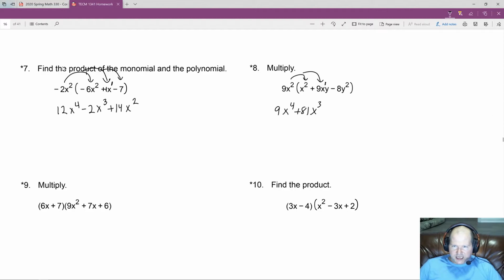And we just keep the y to the first power because it's an implied or understood first power, and there's no y in the first term that we're distributing. Next, a positive 9 times a negative 8 is a negative 72. There are no x's in the second one, so we just keep the x squared. And then there's a y squared in the second one, but there's no y in the first one, so we just keep the y squared.